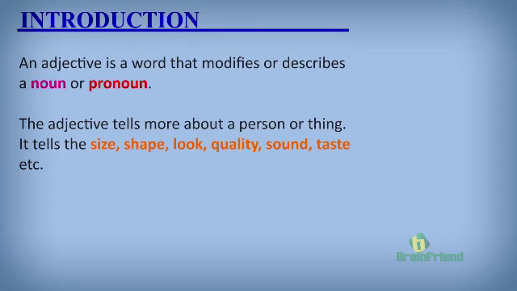What is an adjective? An adjective is a word that modifies or describes a noun or pronoun. Do I need to remind you of what a pronoun or noun is? A noun is a word that names a person, animal, place, thing, or idea.